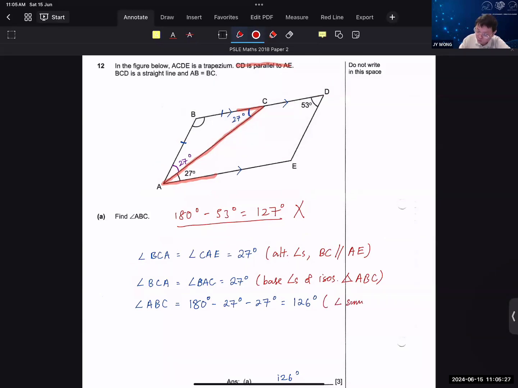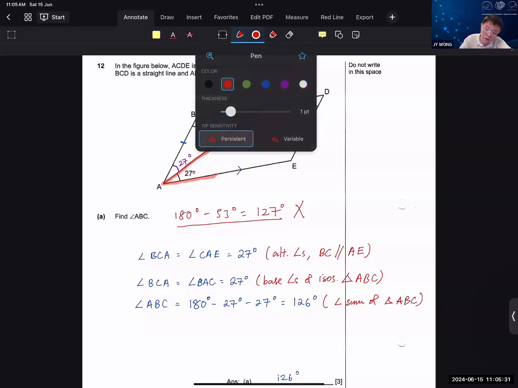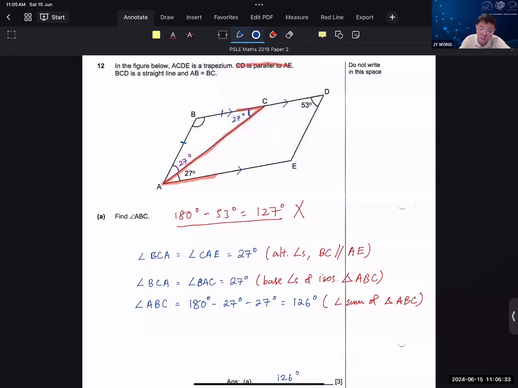Angle sum of triangle ABC. Okay. So that is how you are supposed to find angle ABC.